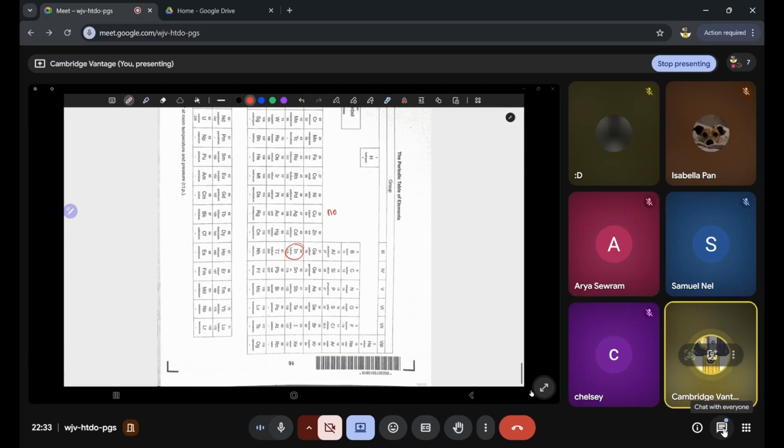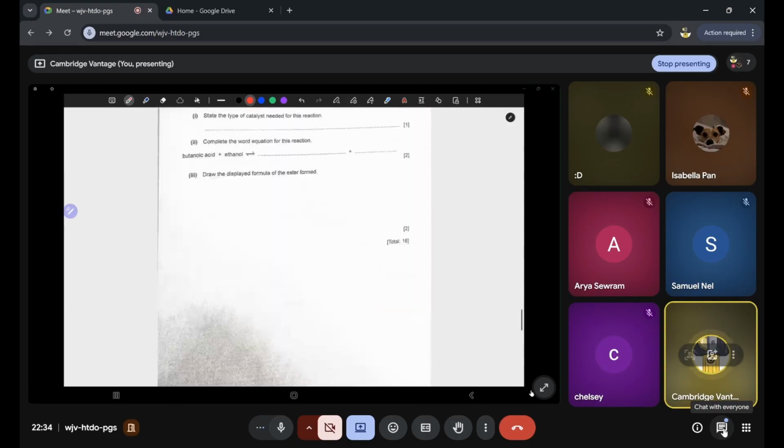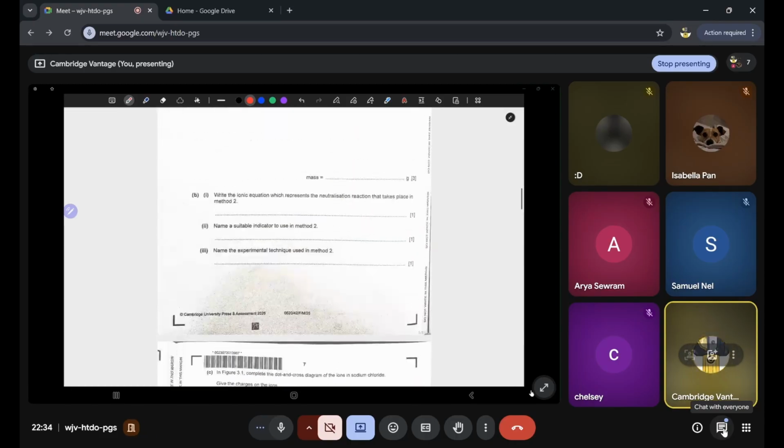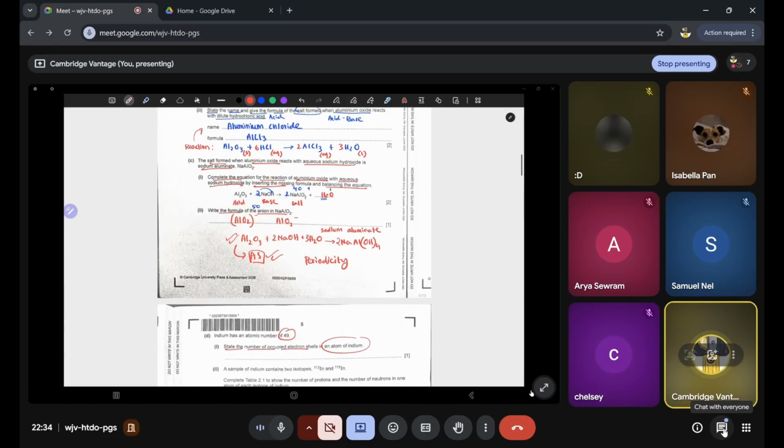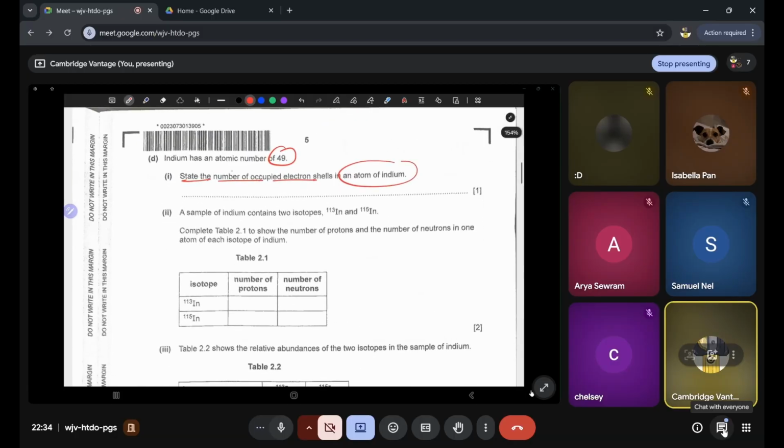Number of electron shells is just the period number. So what is the period number over here? 1, 2, 3, 4, 5. So indium will have 5 electron shells. So if you just go back to the question, you just write 5 over here.